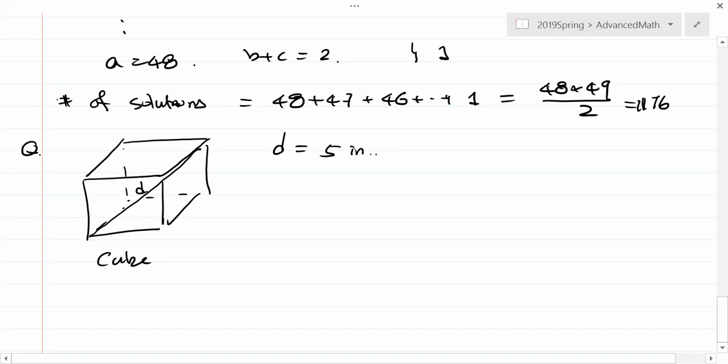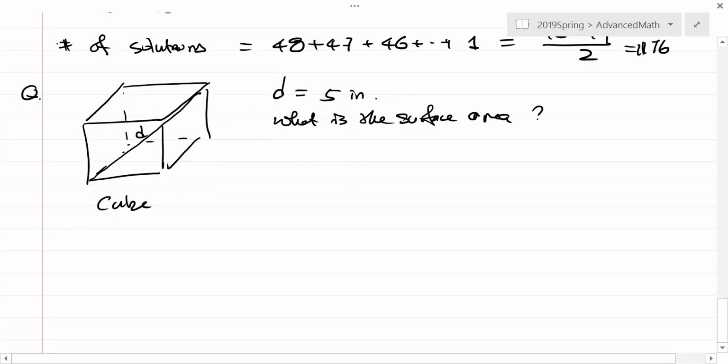Okay, so what is the surface area of the cube? Yeah, it says cube, but we don't know the dimension. Okay, but we know the length of the diagonal. Okay, you will get an integer.